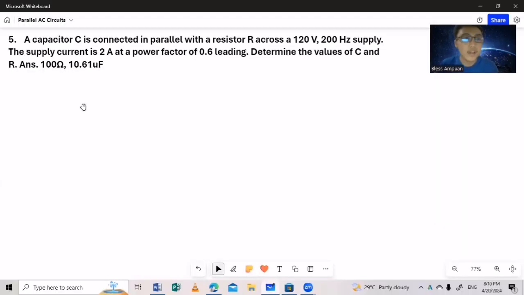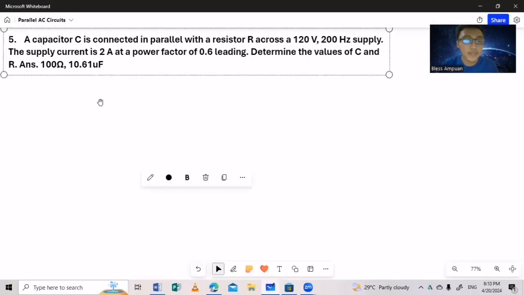Okay. In our fifth example, we are dealing again with a capacitor connected in parallel with a resistor. Now our problem is more complicated, in a way that it is a different type of example because it has no capacitance and no resistor value.